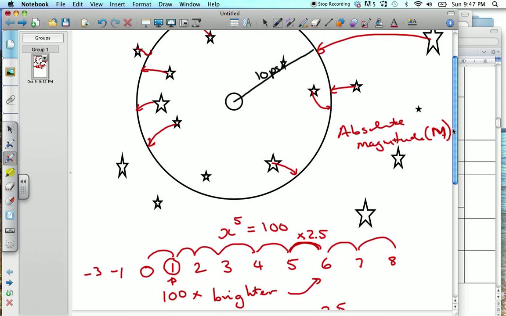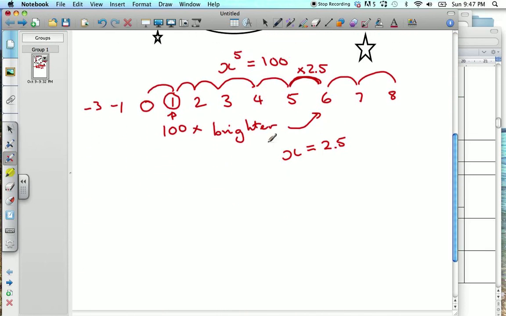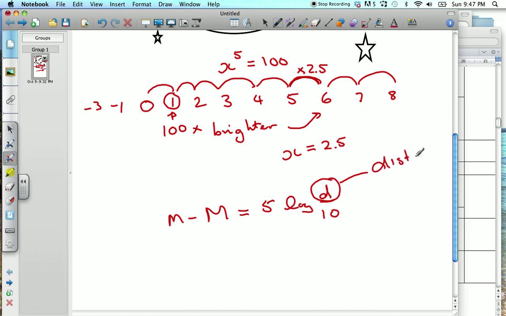And there's a formula that we have for this, and the formula, if I get it right, is m minus M equals 5 log of d over 10, where d is the distance that the star is away in parsecs. You have to be quite good at changing this formula around.